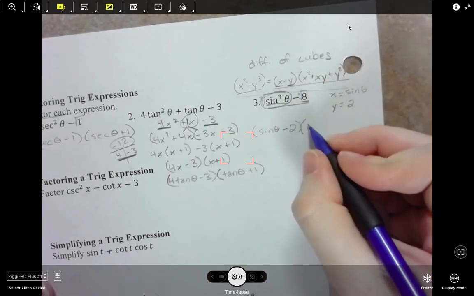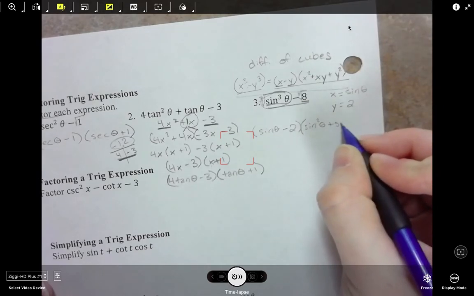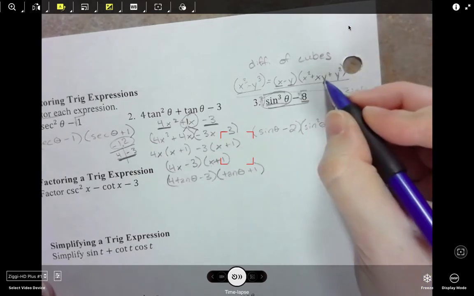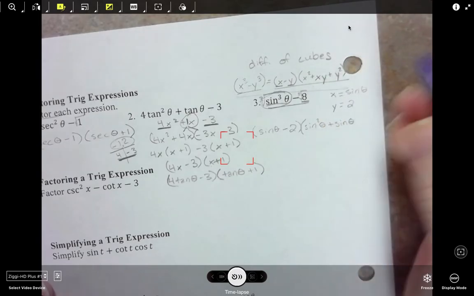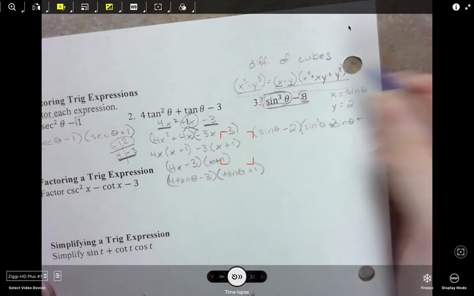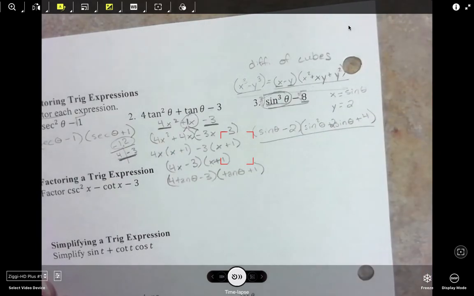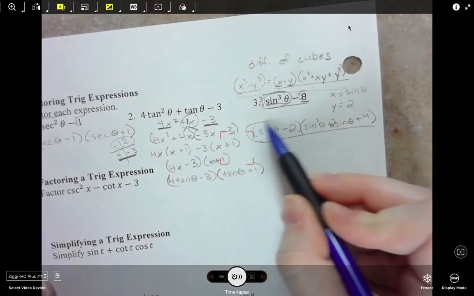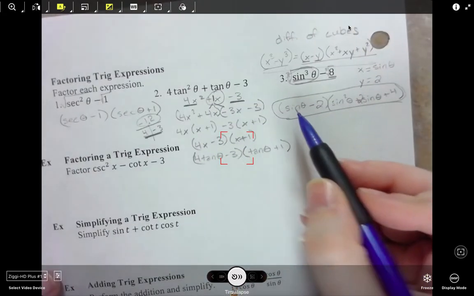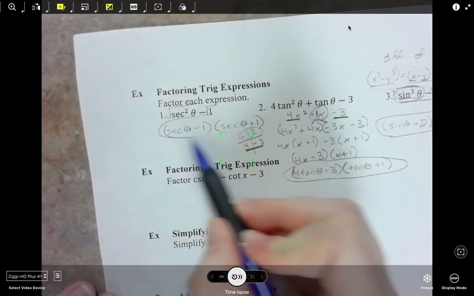And then I have sine squared theta plus sine of theta times 2, because that's x times y, or 2 sine of theta, plus y squared. And since y is 2, that gives us 4. And that's how you break down a difference of cubes. So here's the answer for this one. That's factored down, this one here and this one here.